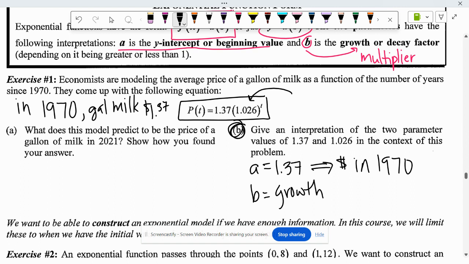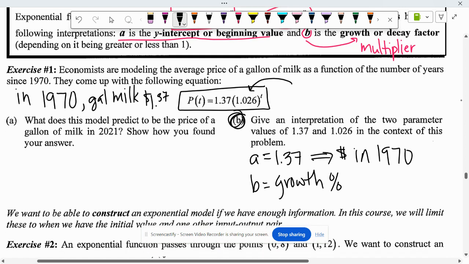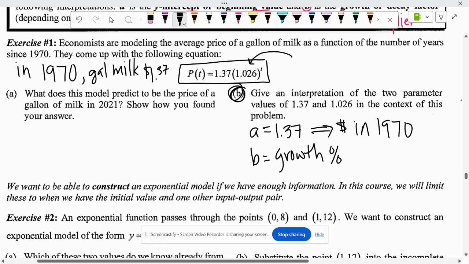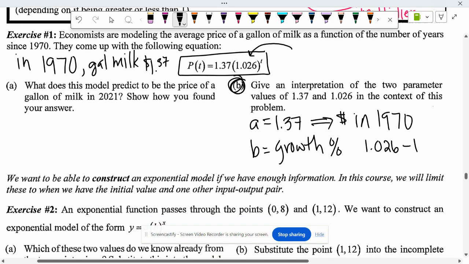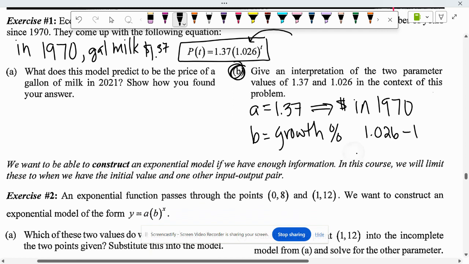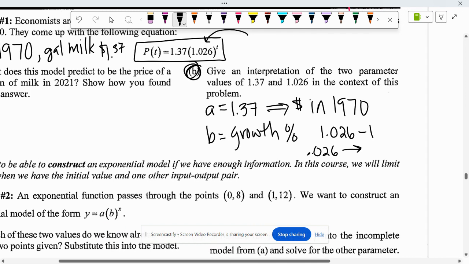What is the growth percentage? How am I going to find that? I'm going to take the 1.026 and subtract 1 from that. And when I do that, I find out that it's growing at a 0.026 decimal. I need to turn it into a percent. How do I do that?